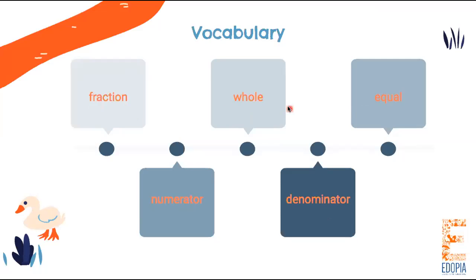A fraction is a part of a whole that has been divided into equal parts. The numerator and the denominator are the components of a fraction. The numerator represents the number of chosen parts, while the denominator represents the total number of parts.